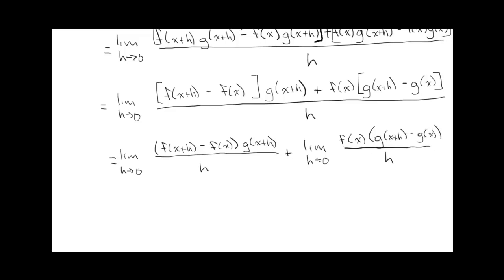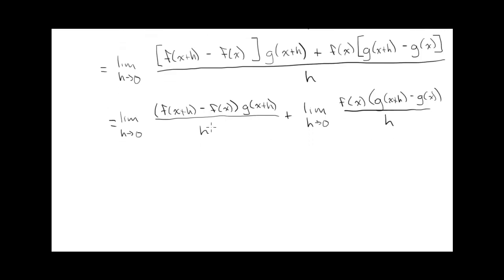Okay, so now what I'm going to do is break things up a little further. I'm going to take this part and this part, and separate them into the product of the limits. So that's again a limit law.